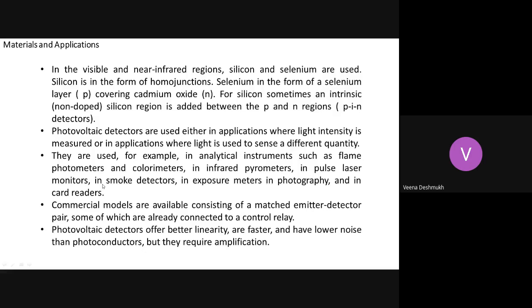So, flame photometers or colorimeters, and again the pyrometers. The other day we studied the pyrometers. So wherever there is non-contact type intensity measurement, all such ones find applications of these photocells.